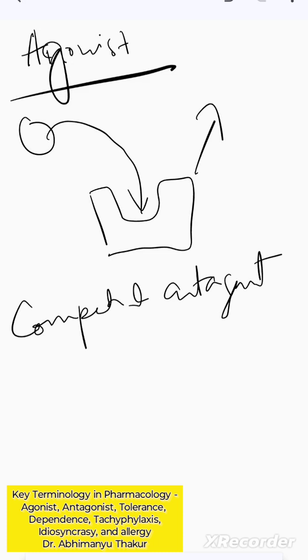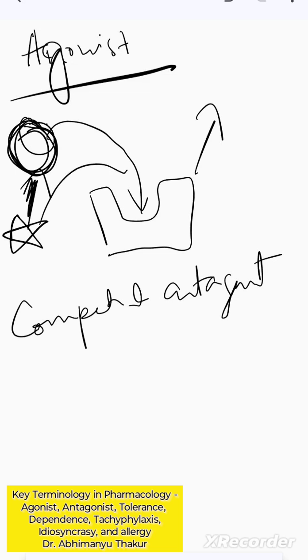antagonist. They compete with the agonist. Suppose this is the agonist and this is the antagonist. They compete with this agonist and bind to the same site.